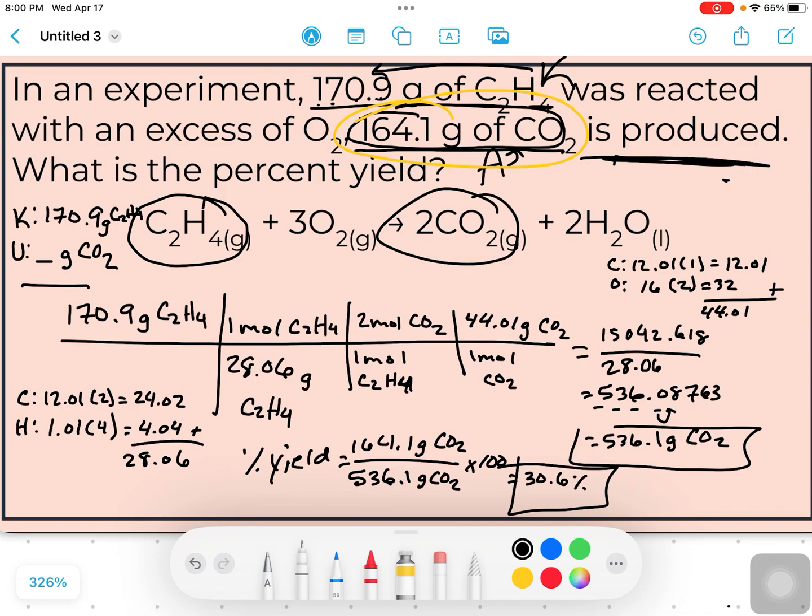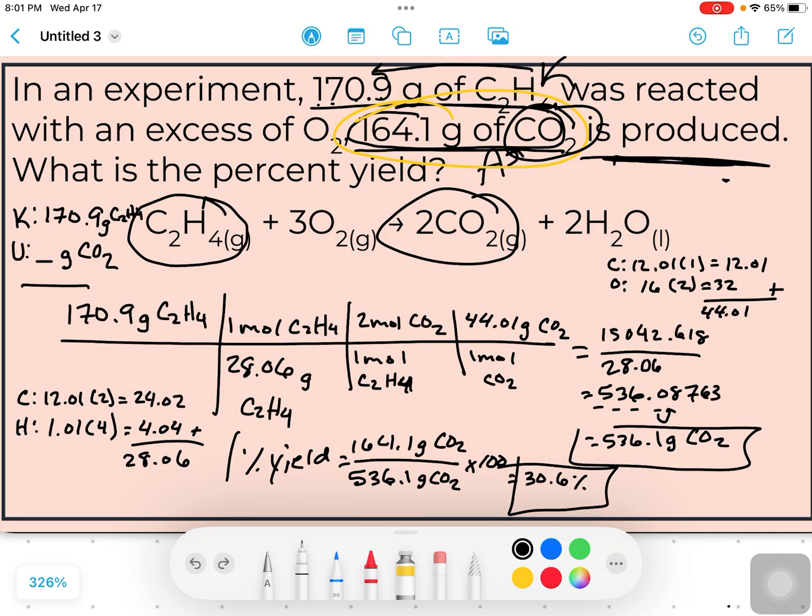Another way you can check, if your actual units do not match your units at the end or your theoretical, something went wrong and you used the wrong number as your known or unknown. Okay? So always double check that. Again, the major thing is find the word is produced, is formed, any of that kind of verbiage, and then look behind it, and that's going to tell you what your actual is.